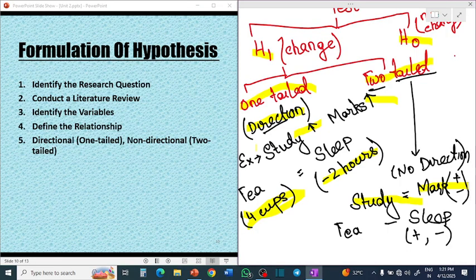That will be no direction. In the second case, tea will have an effect on sleep, but we don't know if it will have a positive effect or a negative effect. These are called two-tailed tests. The change will be set, but the direction is not set.